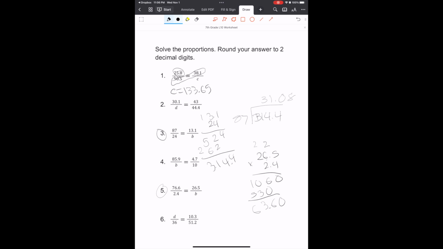And then you're going to want to divide this by 76.6. So that over 76.6 should get something less than 1. Your answer should have been B is equal to 0.83.